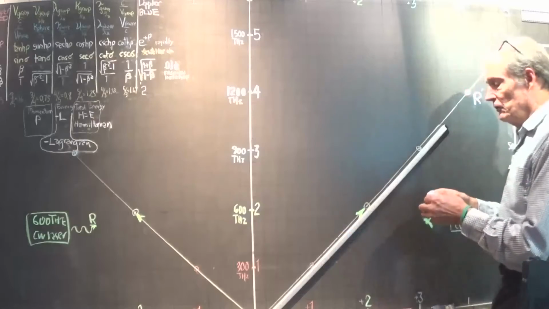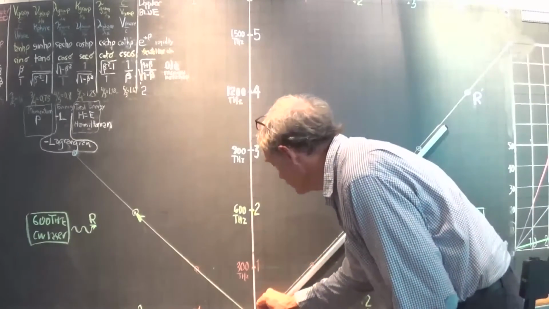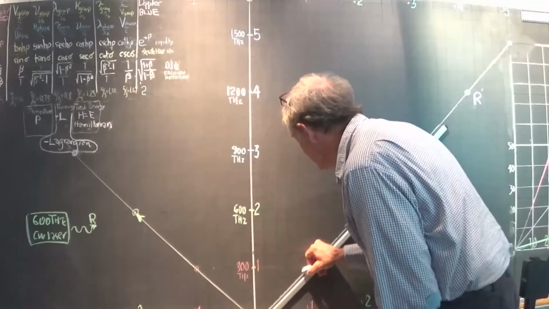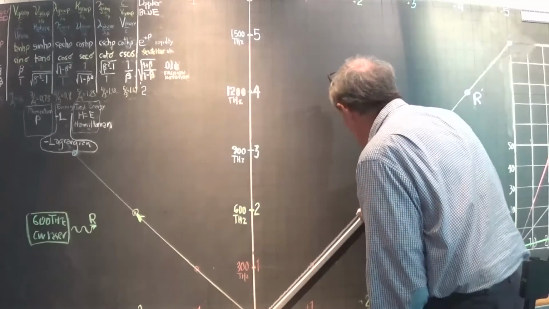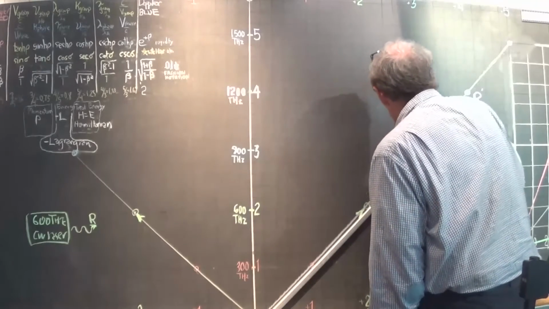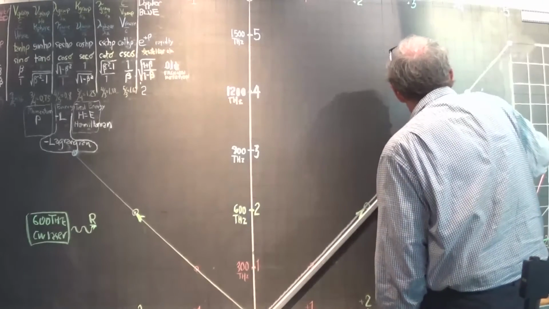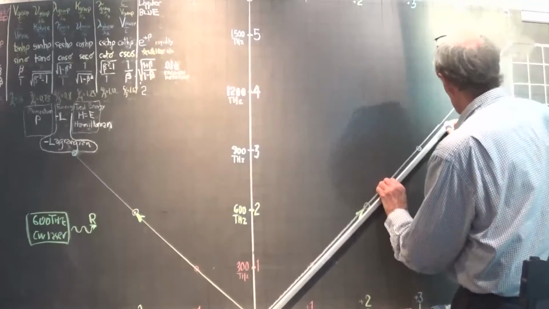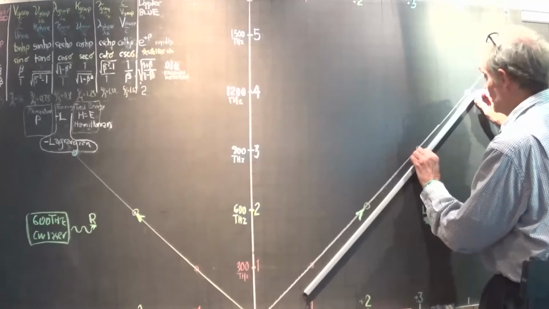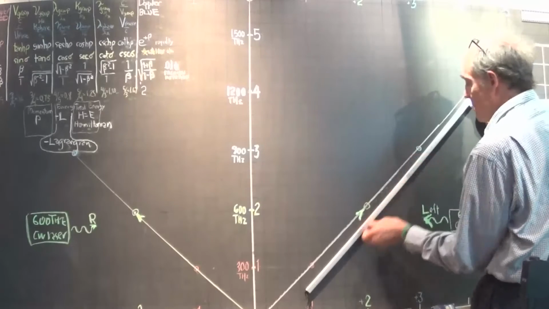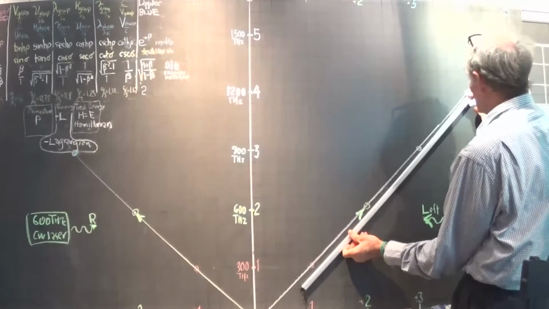Okay, so what I'm going to do here is I'm going to just draw a, if you had colored chalk like I do, you would use a violet color in order to finish this particular thing.